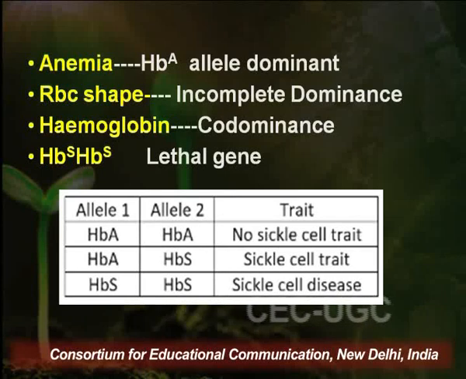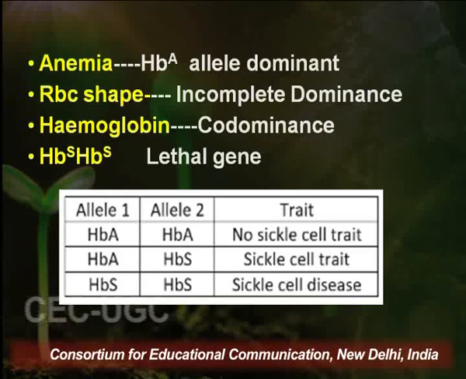And when the two HbS and HbS are together, then obviously it is a case of lethality. So the example of SCD beautifully illustrates both Mendelian as well as non-Mendelian genetics all together.